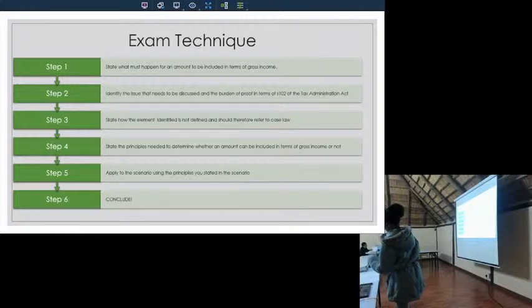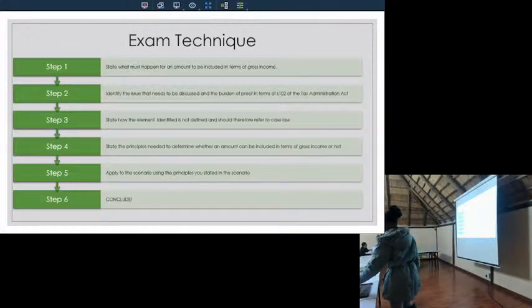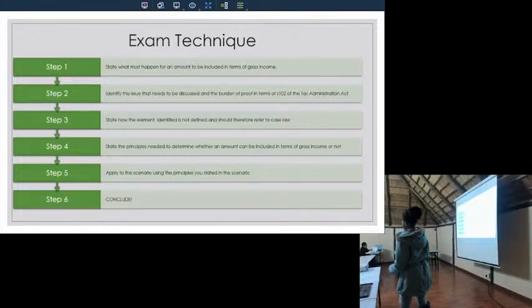Cool. Now we are getting into it. Now we're using the scenario that we have been given to use tax principles. So step 4 says, state the principles needed to determine whether an amount can be included in terms of the gross income definition or not. So that is standard. That is up to you. You took it upon yourself to make time to understand those case laws.